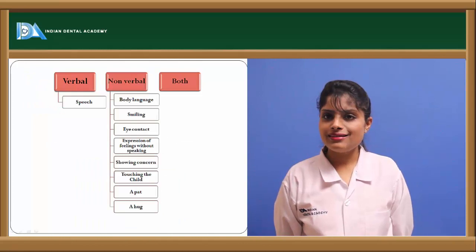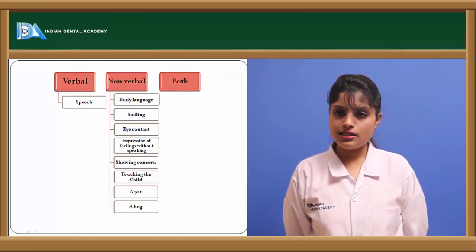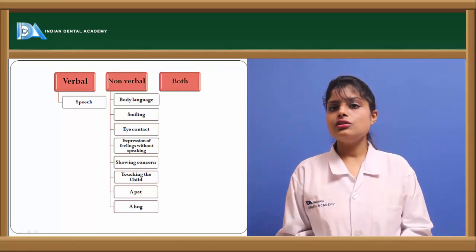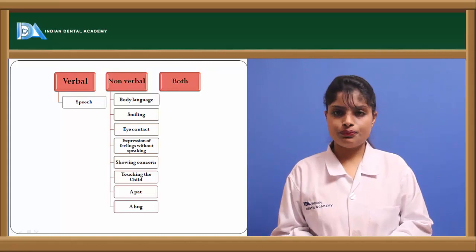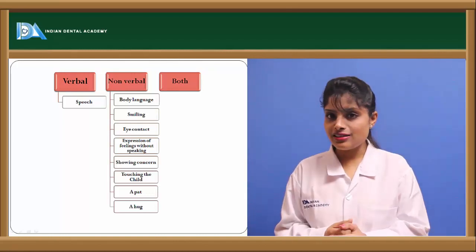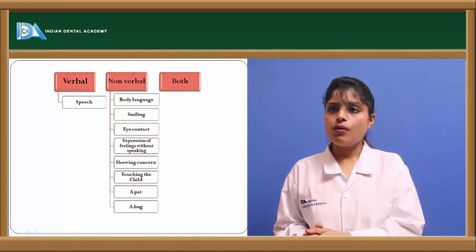Now what is the main aim of communication? It is to establish relationship with the child and to gain attention of the child. The communication strategies can either be verbal, non-verbal, or both.